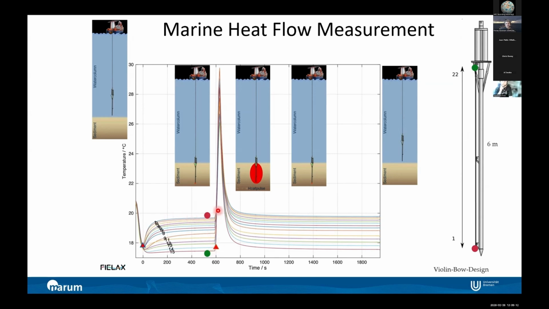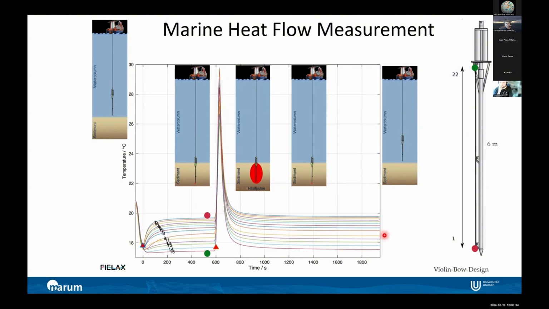After the 7 or 10 minutes, a calibrated heat pulse is fired. As you can see here, the temperature spikes up from the heat pulse, so the sediment is heated up, and it then decays over time.